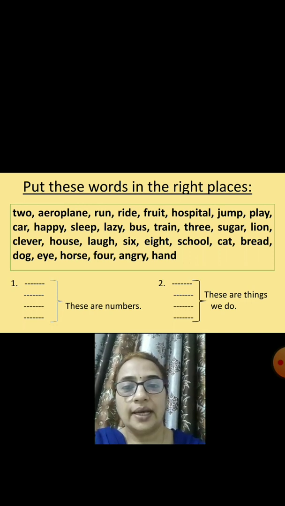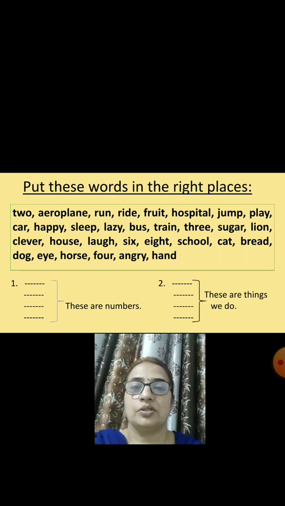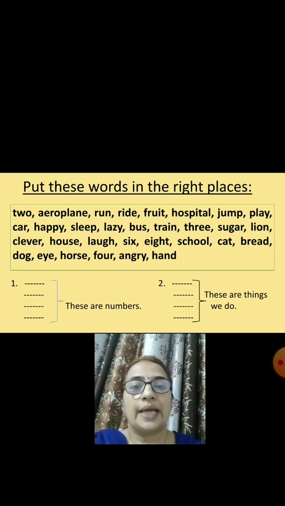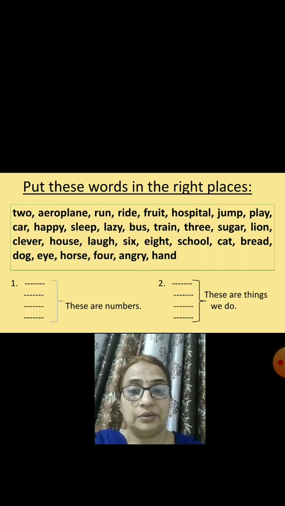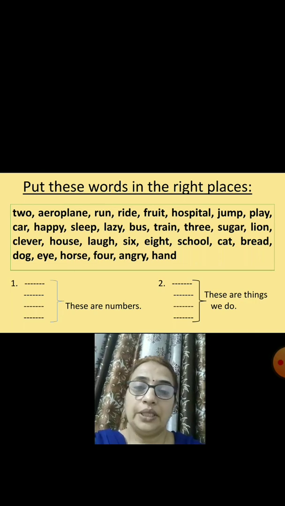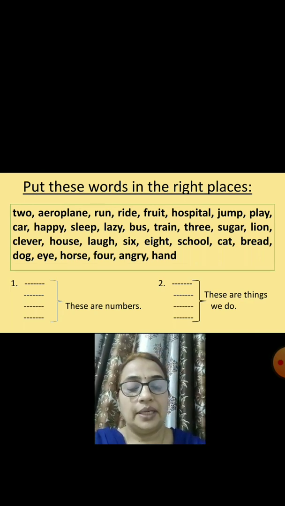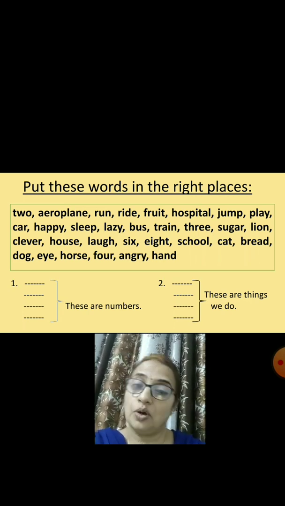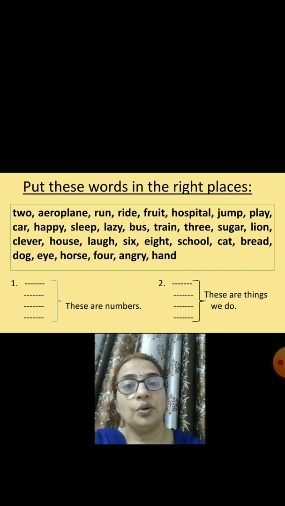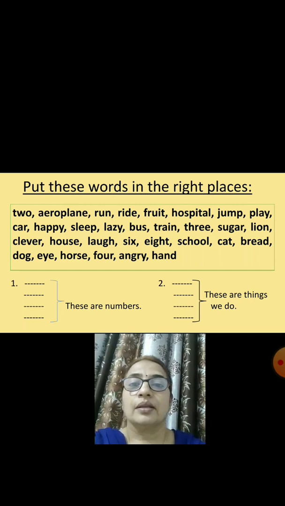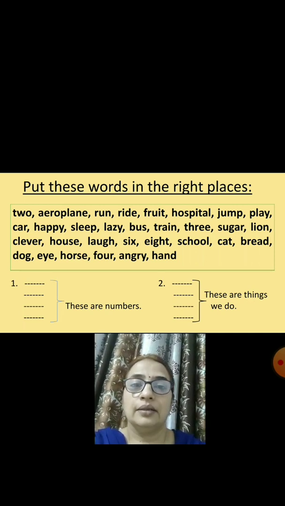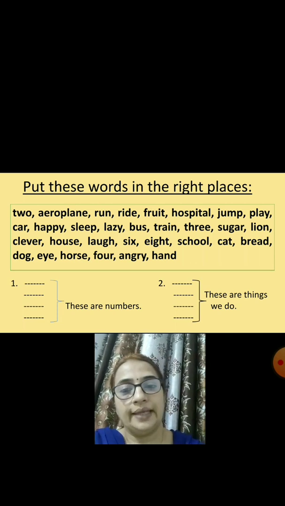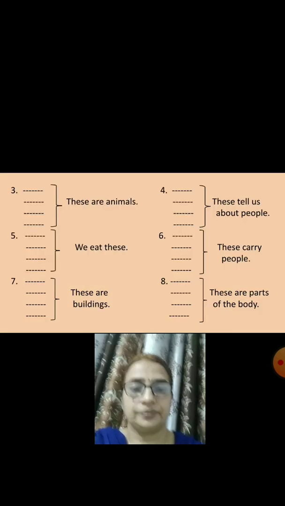And in the fourth line, also it is not there. It is used to carry people. Yes, horse we can write. Horse can carry people. Although it carries one person at a time, it can be used for the tongas, and the tonga can carry people. So aeroplane, then car, bus, and train and horse.